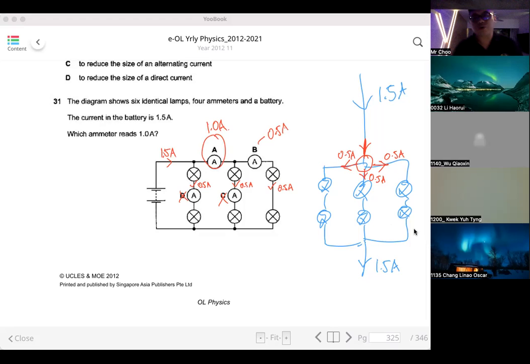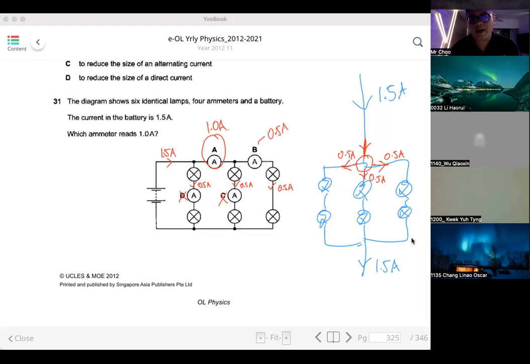So my drawing just now doesn't reflect the correct position for the ammeter, but the idea is each branch has the same resistance, the same load. So the current on the three branches should be the same. For the current on the three branches to be the same, this 1.5 ampere needs to be split equally among the three. For this question, just split equally.